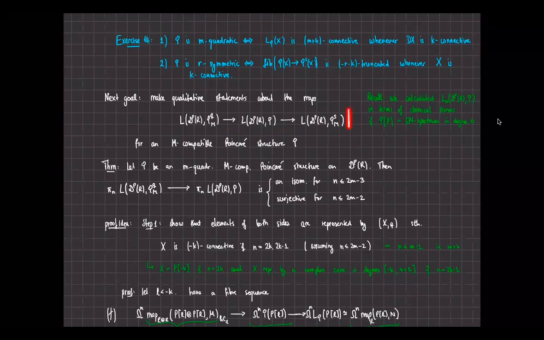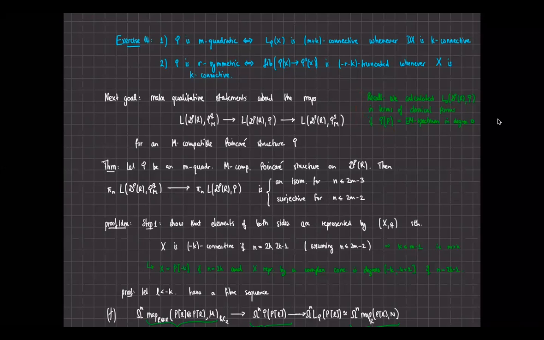So it's really about understanding the difference between the L groups once we vary between the quadratic and the symmetric structure. And recall that we have already calculated L0 of such a Poincare structure in terms of classical forms once we know that Q of P is an Eilenberg-MacLane spectrum in degree 0.